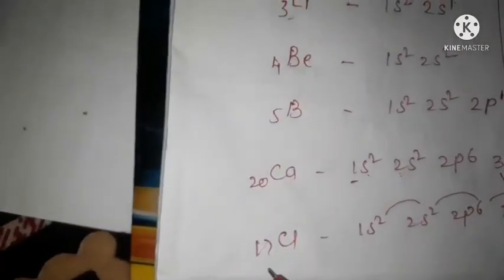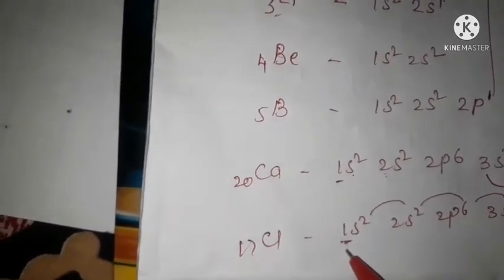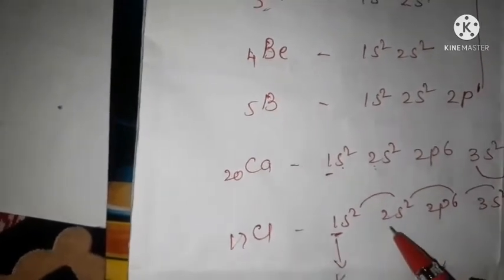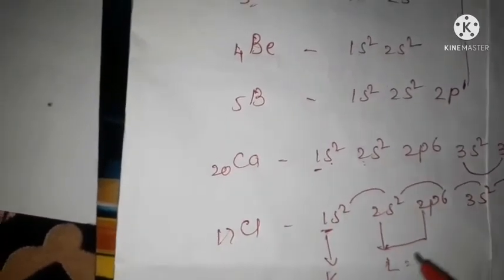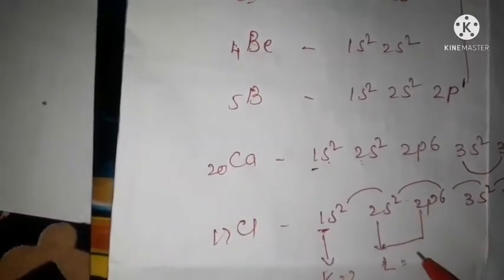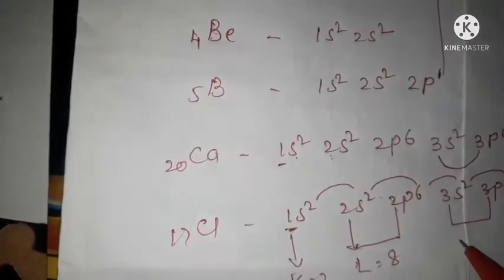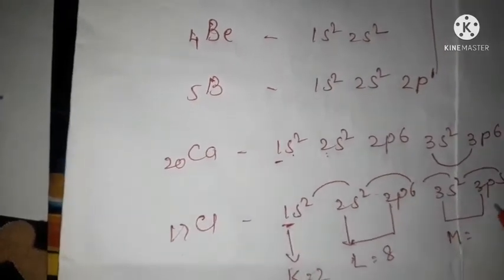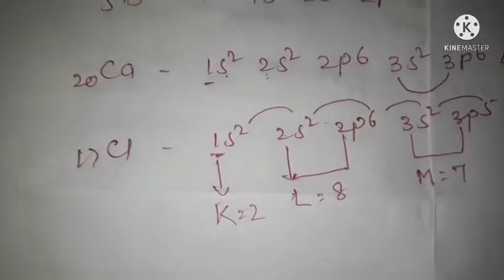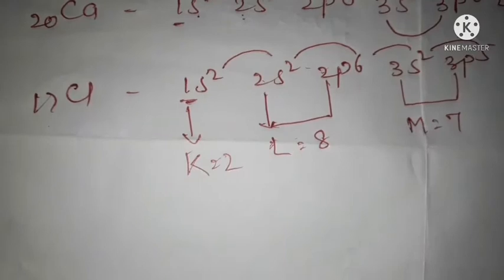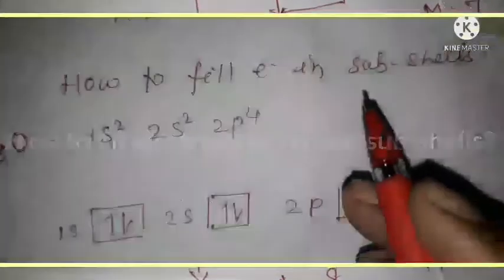Now we sum it: 17 electrons, in which 1 represents the K cell and 2 represents the L cell, in which 2 plus 6 is 8 electrons, and 3s and 3p represent the M cell, in which 7 electrons are available. In this way we see the electronic configuration of every element in subcells.